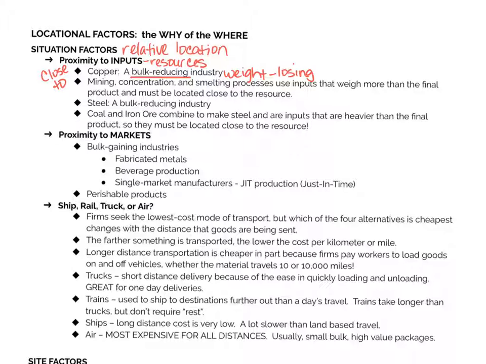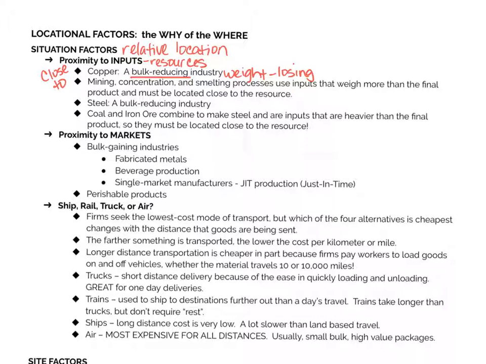So let's think about this: how many have ever mailed something before, like at the post office? What do they do to your package? They weigh it. And that's how they decide how much it's going to cost you to ship it. Same thing with bulk reducing. You have to get your resource to you. The heavier it is, the more expensive it is. So if it's really heavy, do you want to be close to it?